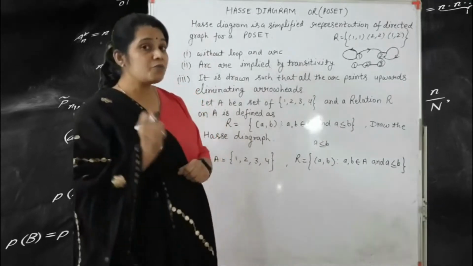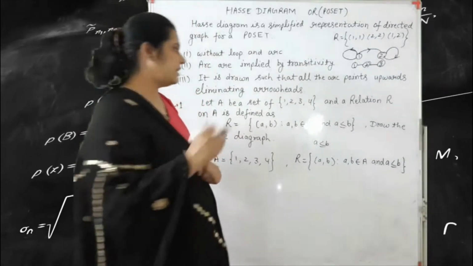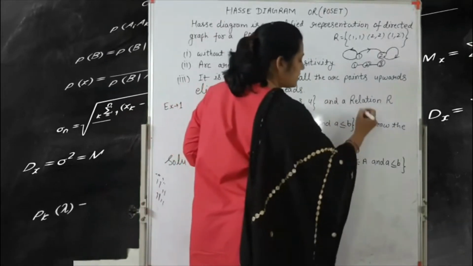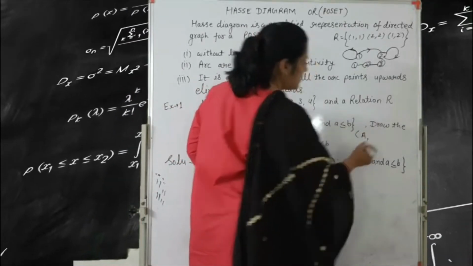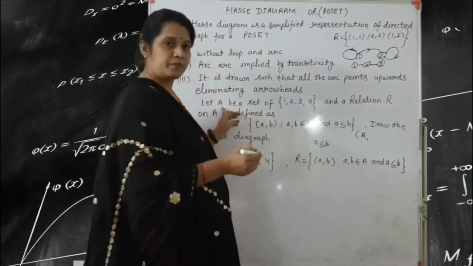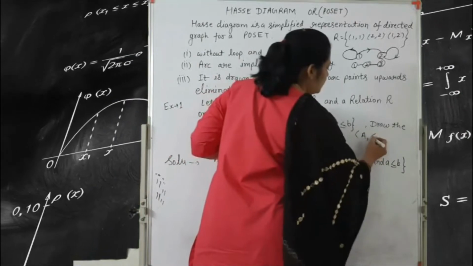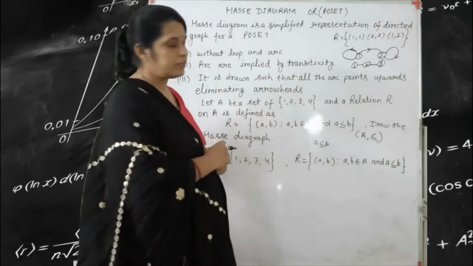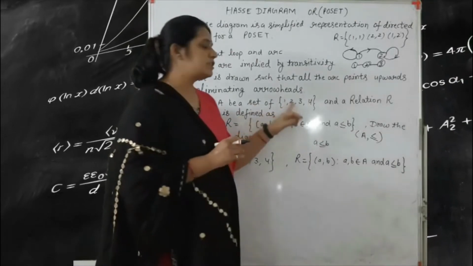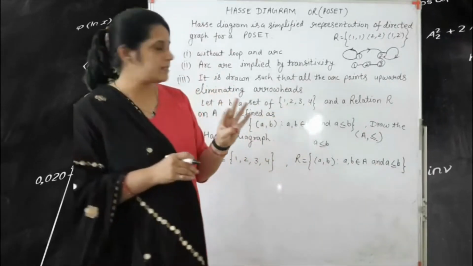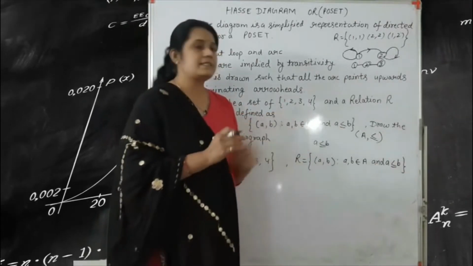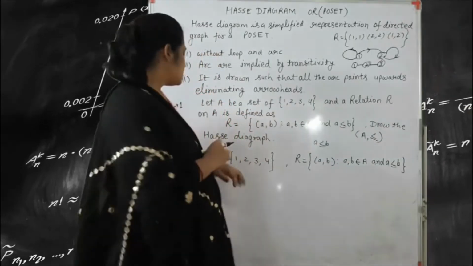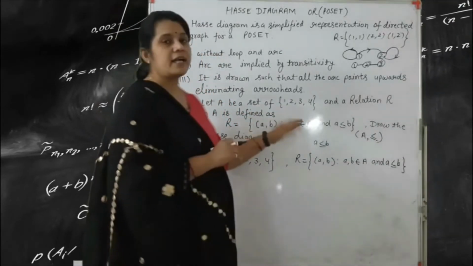So here is how we write this, the coset notation. First you write the set, which is A, and second you write the relation, which is the less than or equal to sign. We have the 4 elements 1, 2, 3, 4, and you write a less than or equal to b. So draw the Hasse diagram.